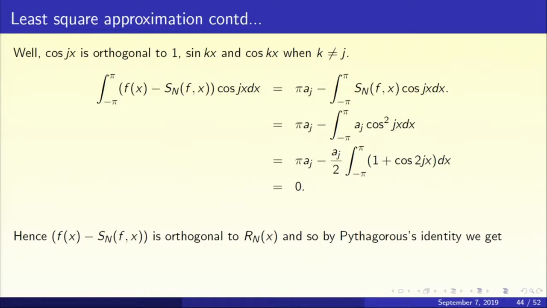So what survives is the first term. So you get pi aj minus aj by 2 into 2 pi, that becomes 0. So we have verified that f(x) minus Sn f is orthogonal to cos jx, and this is true for all j equal to 1, 2, 3 up to n.